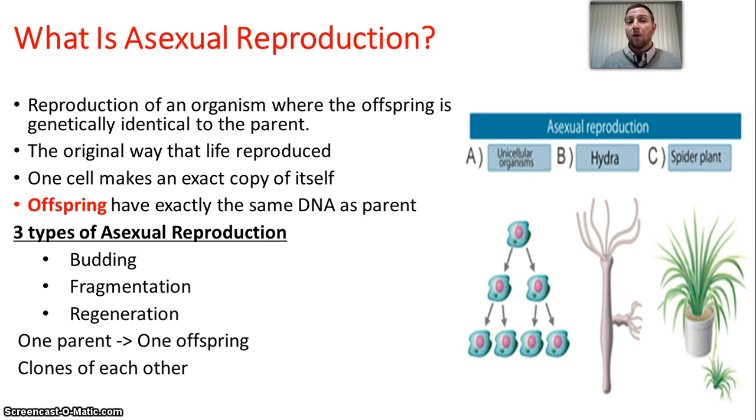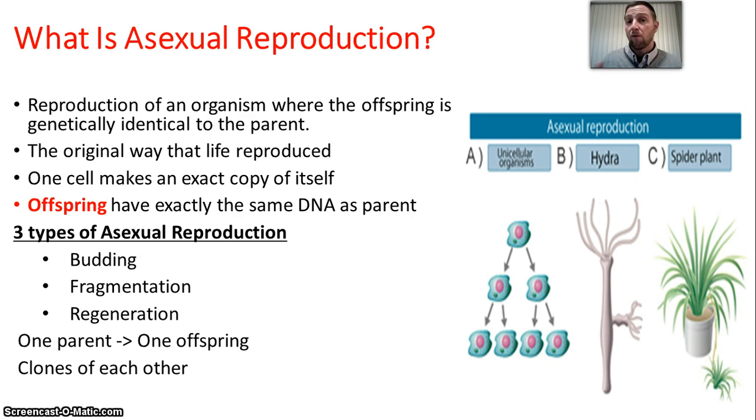So in asexual reproduction, a in Latin means not, so not sexual reproduction. This is where the offspring, the child, although we use that word child to refer to human offspring, is genetically the same as the parent, has all the same DNA, has all the same traits, is essentially a clone of the parent.